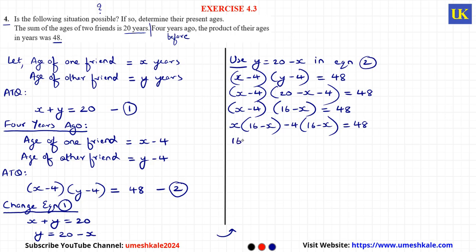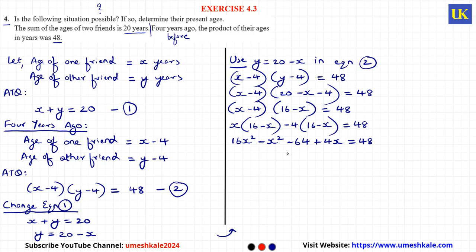So this will become 16x minus x square, x into minus x, and this will become minus 64 and this will become plus 4x is equal to 48.